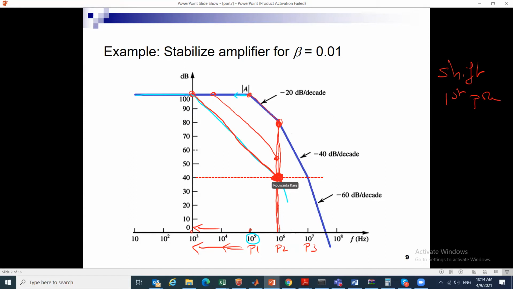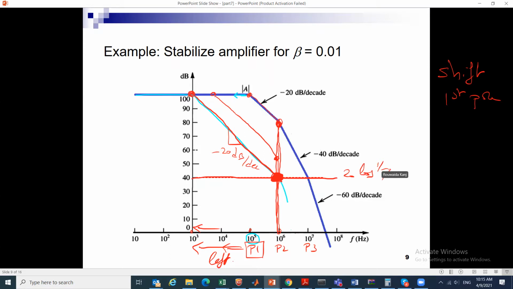Okay, so as I am moving P1 to the left, I'm shifting it, I am making the delta or the drop by the time I hit P2 larger, until it is large enough such that the intersection of the minus 20 dB per decade line and when I hit P2 happens at what point? At my 20 log 1 over beta line.